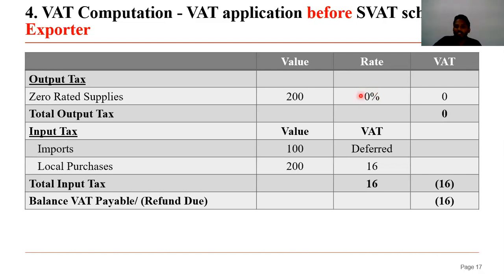In order to compete with world competitors, if you impose VAT, then definitely our cost will be higher. That is why, in order to gain foreign currency, the government encourages exporters. They have made it a policy to zero rate exporters. Then their VAT amount is zero.